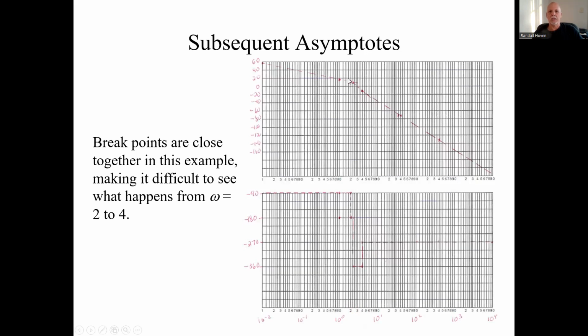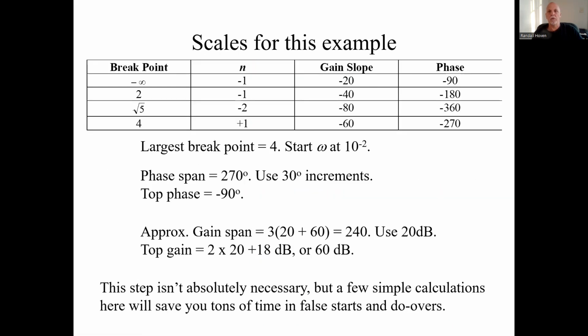So it's kind of hard to see exactly what happens between breakpoints here, but the final slope, once you're through that last breakpoint, go back to the Hoven table, is minus 60 dB per decade. Each little increment increases or decreases the slope. It doesn't just add or subtract dB. It changes the slope of that gain asymptote. On the phase, it just plain adds or subtracts phase.